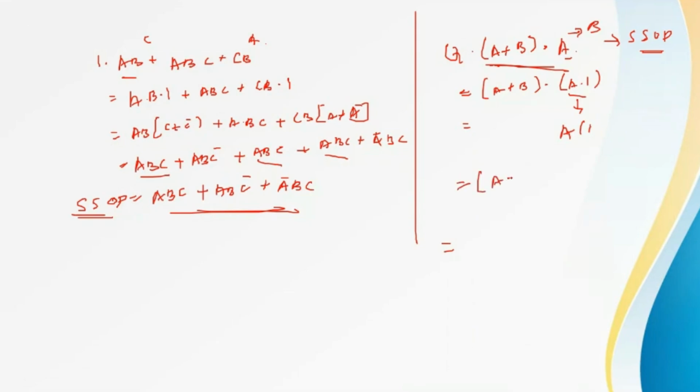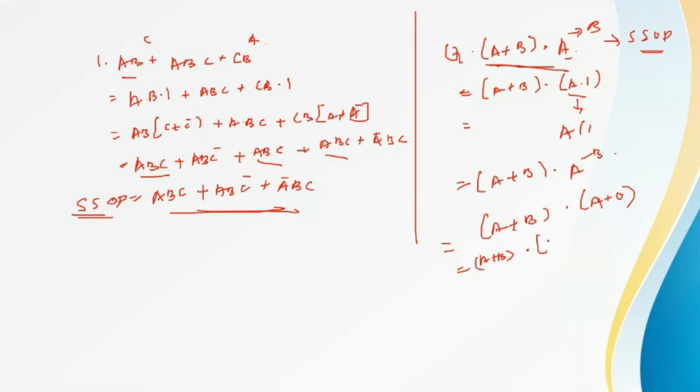Take this here, (A plus B) into A. So here B is missing, right? So what we can do is we can take it as (A plus B) into (A plus 0). Here A plus B will keep as it is.